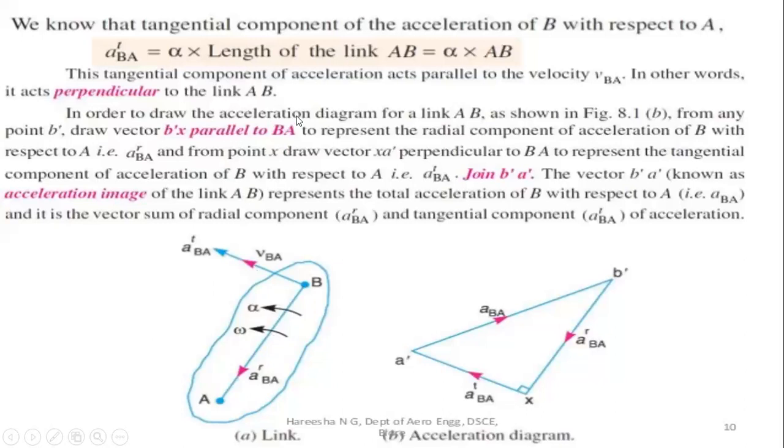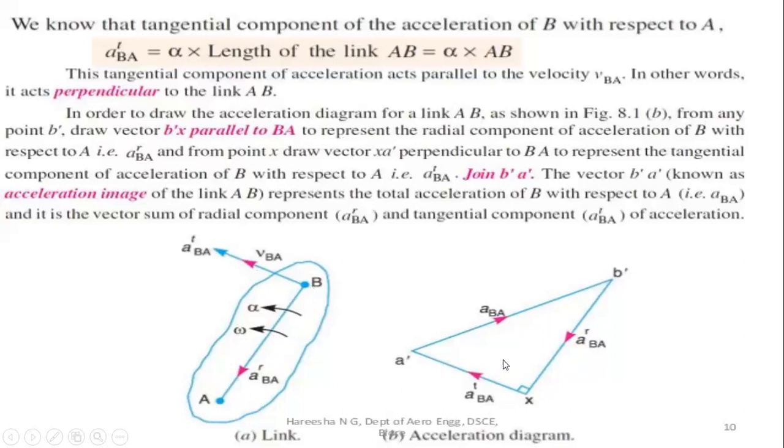In order to draw the acceleration diagram for the link AB, from any point B dash, so we are taking the points A dash and B dash in the second diagram. Draw vector B dash x parallel to BA.